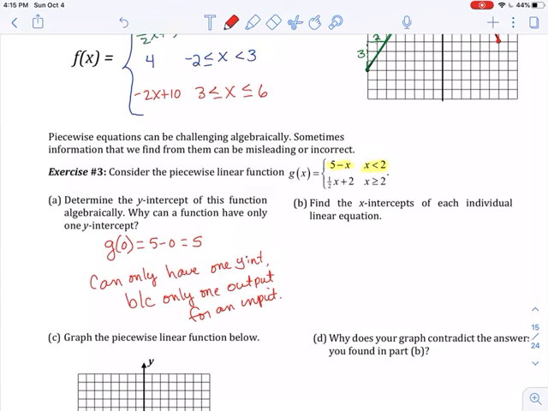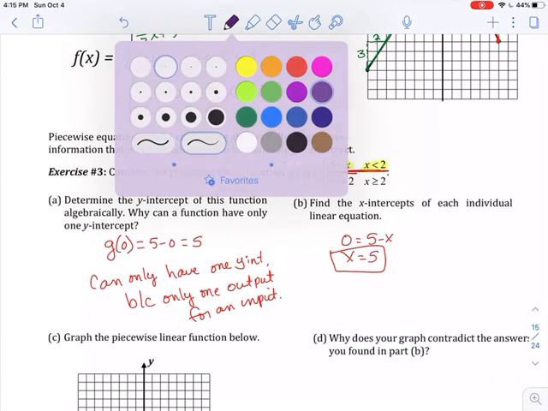Okay, and then they want me to find the x-intercepts of each individual linear function. So let's do the first one. 5 minus x equals 0. I'm finding the x-intercept now, so that's when y is equal to 0. I'll move this x over to the left, and I get x is 5. That's one of them.